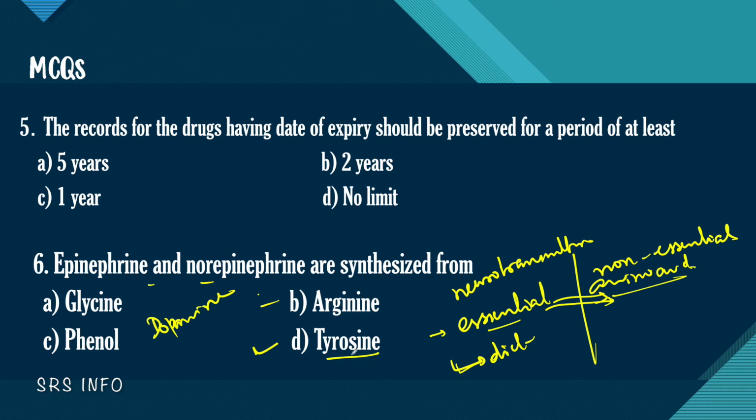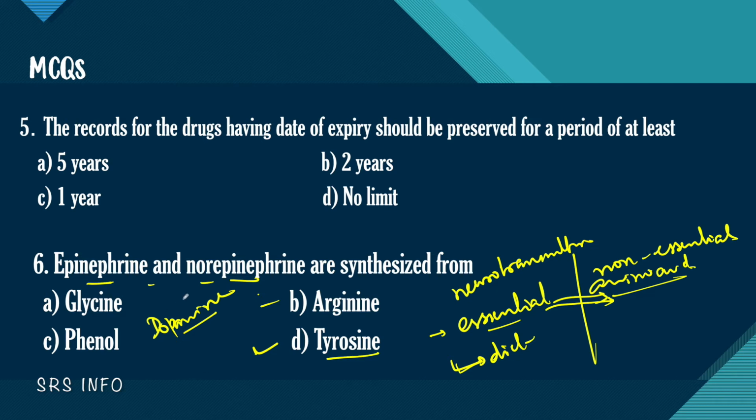Tyrosine is a non-essential amino acid which is essential for the synthesis of epinephrine, norepinephrine and dopamine types of neurotransmitters. These are also known as brain chemicals.